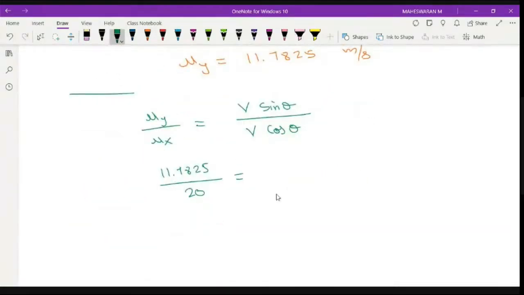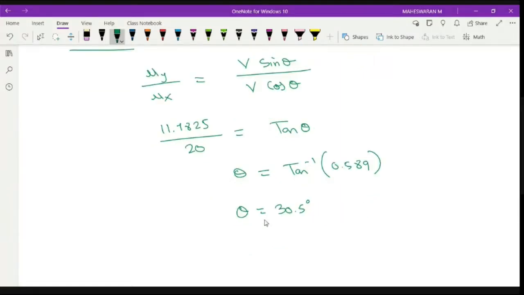V gets cancelled, so you'll get tan theta. Can you identify the value of theta? Theta is equal to tan inverse of whatever value we are getting here. Theta is equal to 30.5 degrees. So this is 0.589.